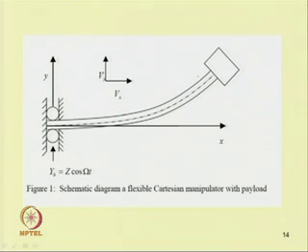As we have seen before, in case of large vibration, instead of writing M equal to EI del square y by del x square, one can write that equation in this form.